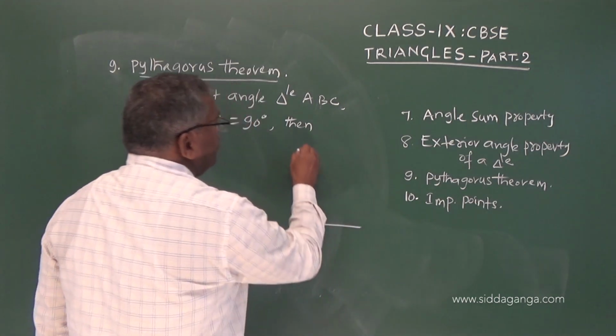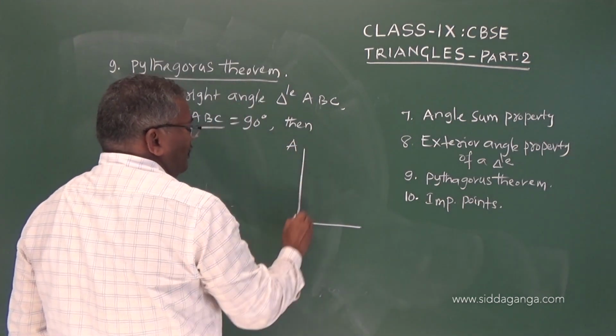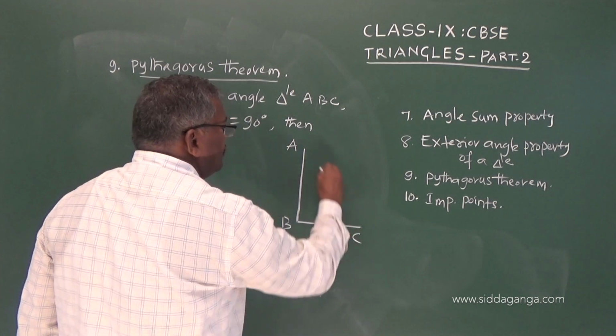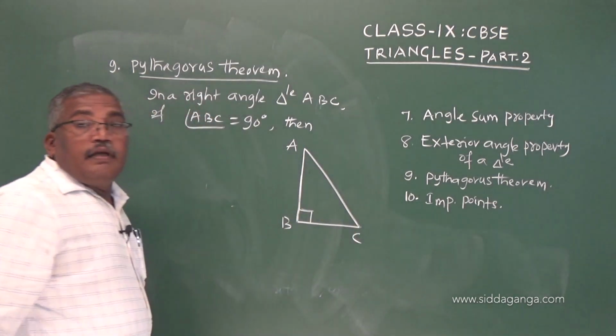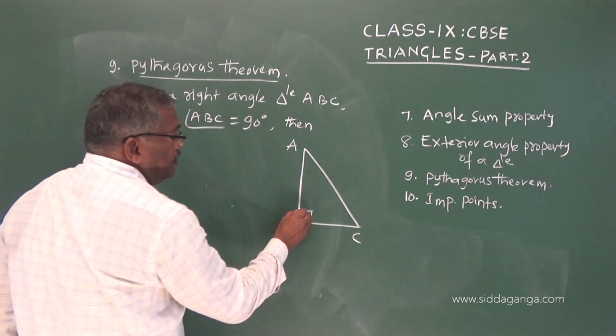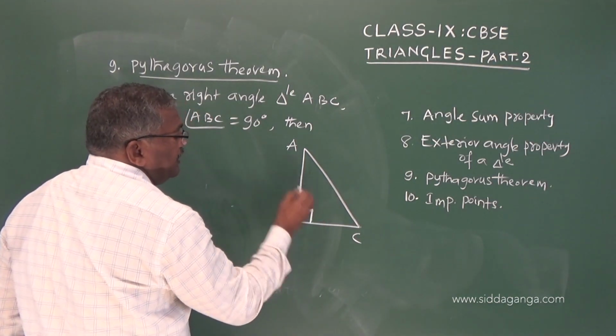Say this is A, this is B, this is C, and this is 90 degree. So this square marking indicates 90 degree.